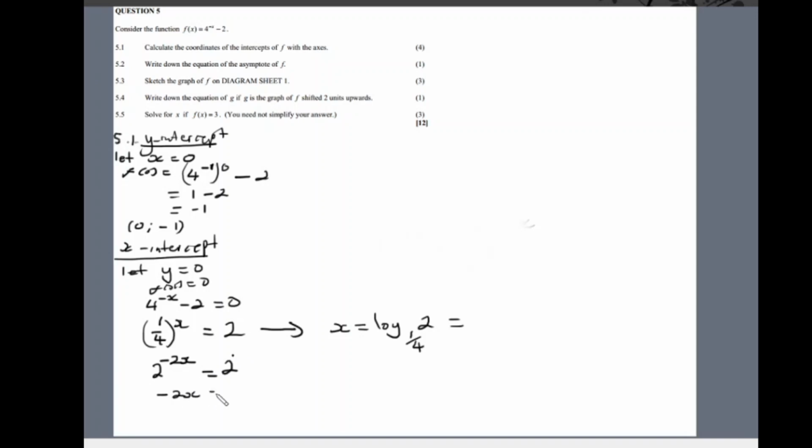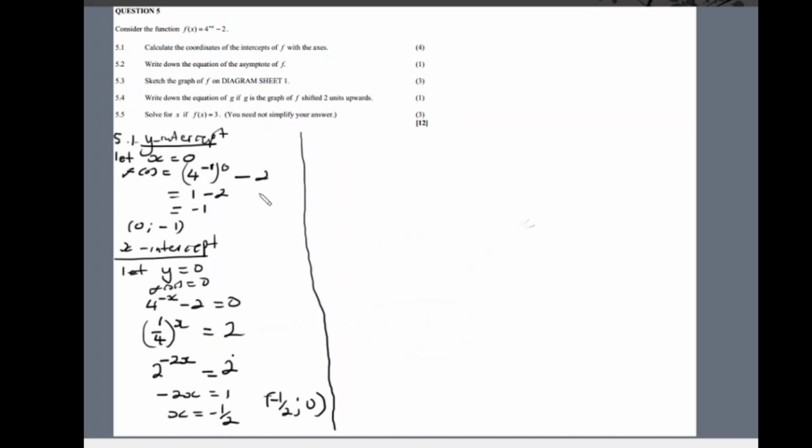Minus 2x is equals to 1, therefore x should be minus 1 over 2, right? If you press this in your calculator, you will also see that this is minus 1 over 2, right? Okay, so the coordinates of our x-intercept will be minus 1 over 2, 0, right? Minus 1 over 2, 0.